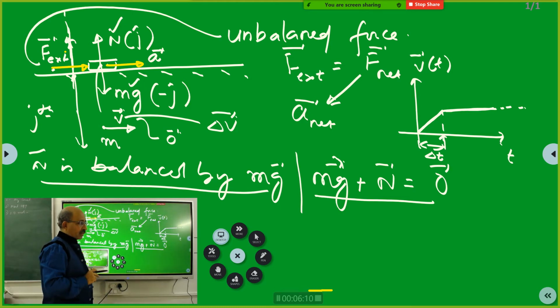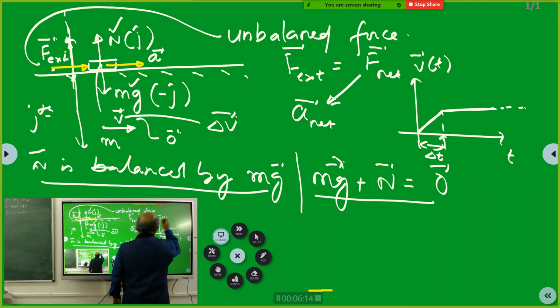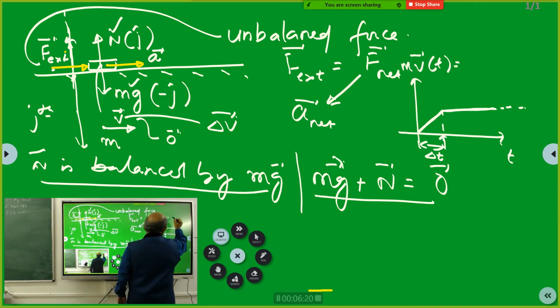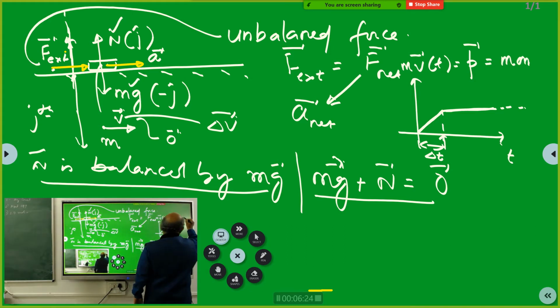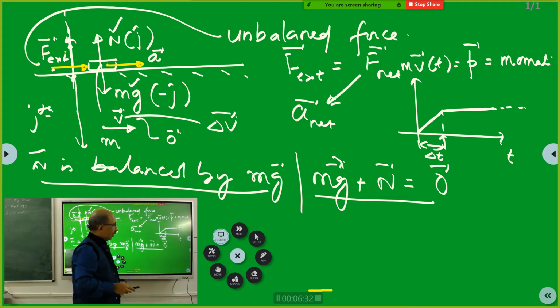Now, if I multiply this velocity vector by mass of the striker, then this new quantity is called p bar, that is, momentum. So momentum is a vector.